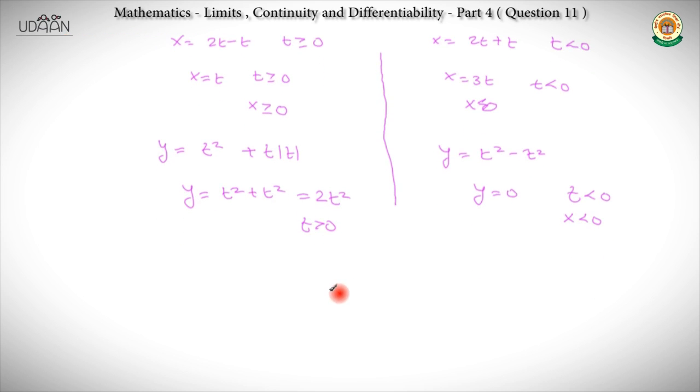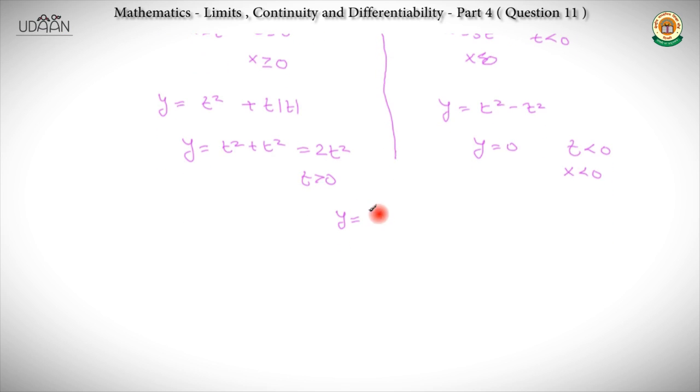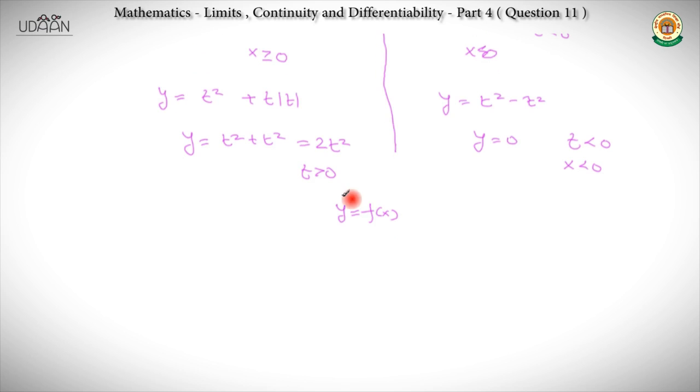Now what we have to do is plot the curve y equals to f of x. But over here we have the variable y equals to 2t square, so we need to transform this variable.